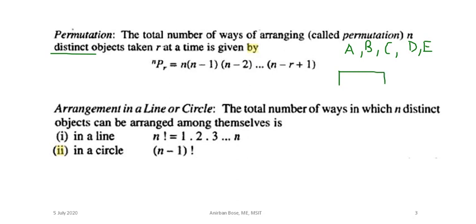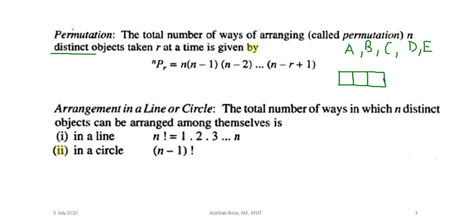Suppose we want to form 3-letter words out of these letters. How many different words can we form which are 3-letter words? So this is a problem of arrangement, or permutation.